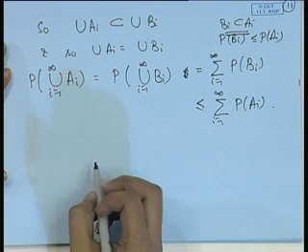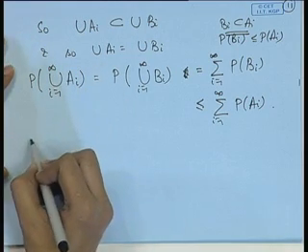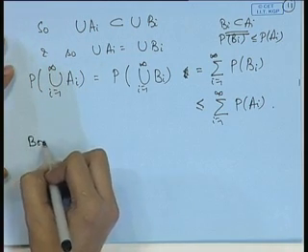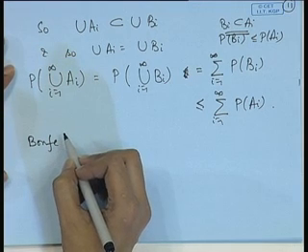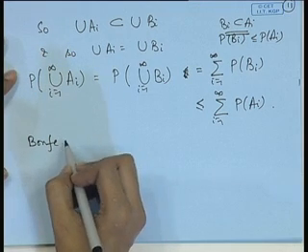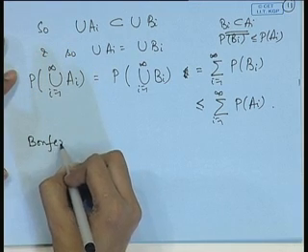We also have something called Bonferroni inequalities, which basically give that the probability of the unions are bounded between two bounds.